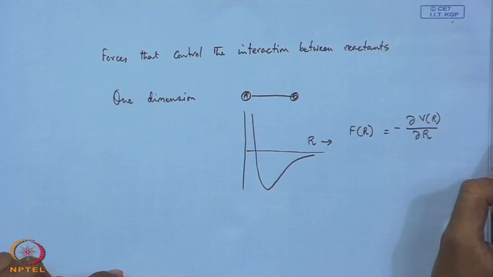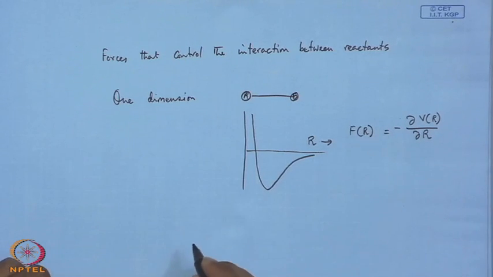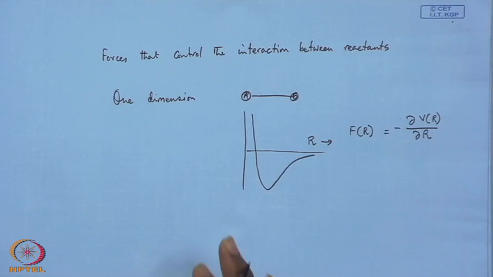So, it is in one dimension, but suppose two reactant molecules are interacting like this. Then it no longer remains confined to one dimension; rather, a three-dimensional description of this potential is needed, which is called the potential energy surface.